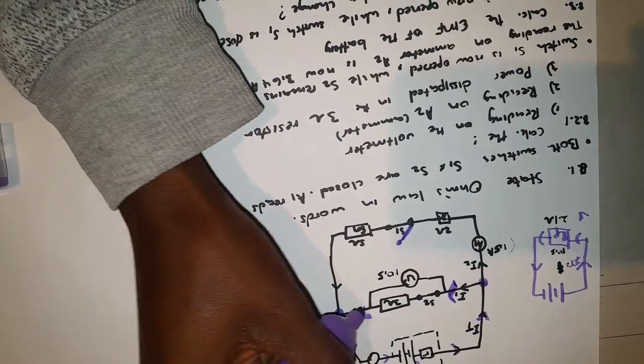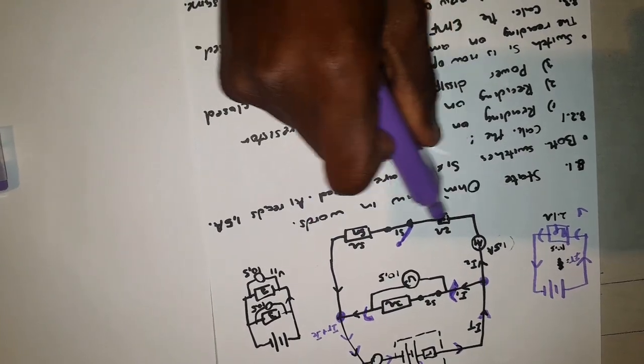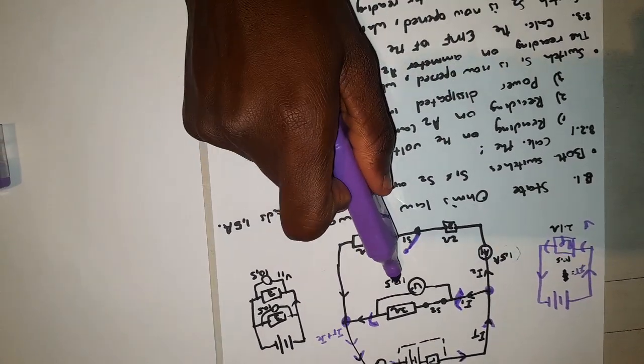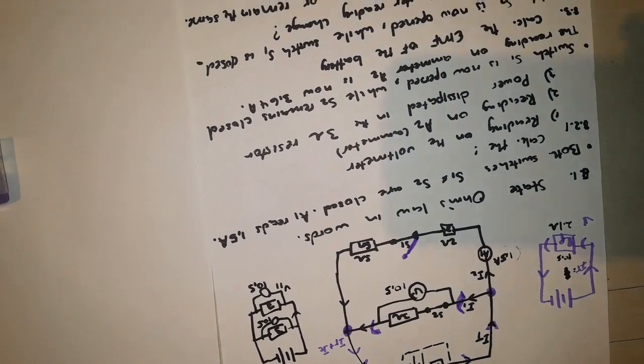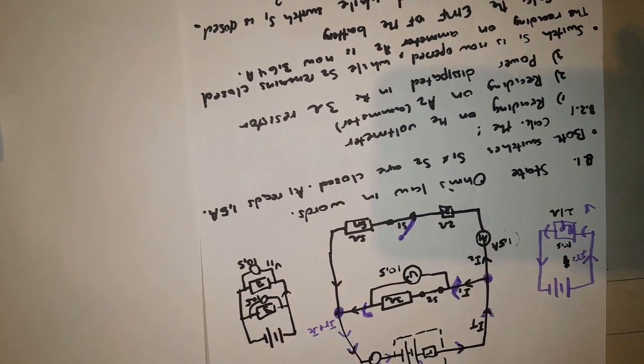The current will flow through here and here, so this route is no longer applicable. The voltage may be affected, but it is still the same.